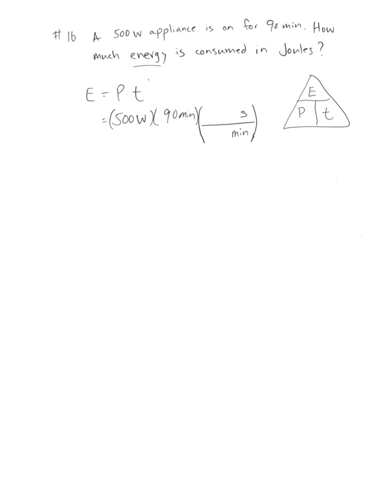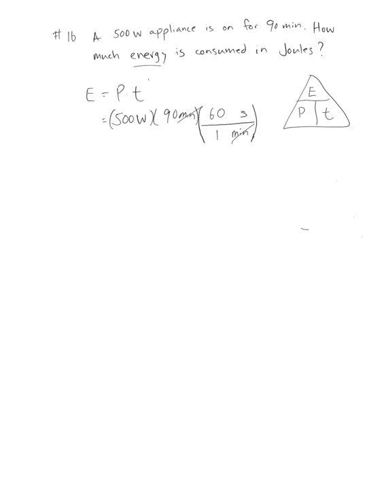And then you have to ask yourself, which one's bigger? Is minutes bigger or seconds bigger? Minutes is bigger, so you always put a 1 in front of the bigger one. So we're going to put a 1 in front of minutes, and there are 60 seconds in 1 minute. Now, the reason we set it up like this is because whenever you have something on the top and on the bottom, like this, they cancel out.